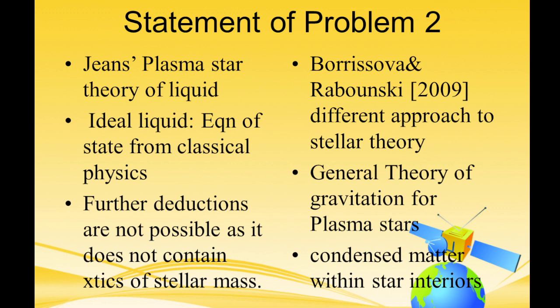That was translated from Russian to English. So I reviewed the book, and the thought of general relativity is the most accepted theory of gravitation. The thought was to try to look at this plasma star model using general relativity. So they actually developed a theory of plasma stars using general relativity in a book that is more than 700 pages.